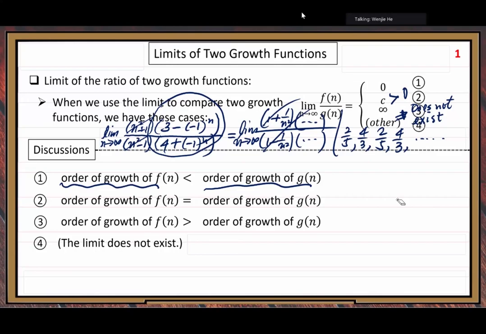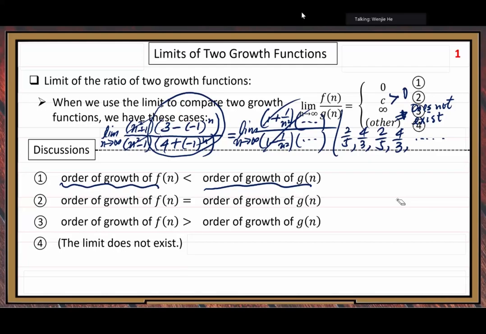For these four cases, when we do the comparison, we use some concept called the order of growth concept to describe how fast they grow.